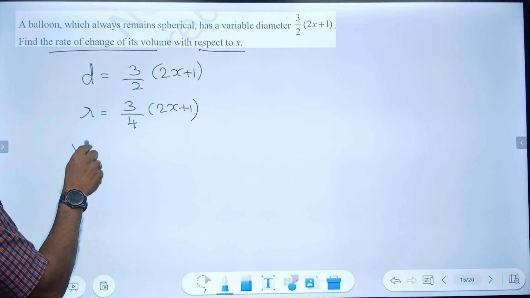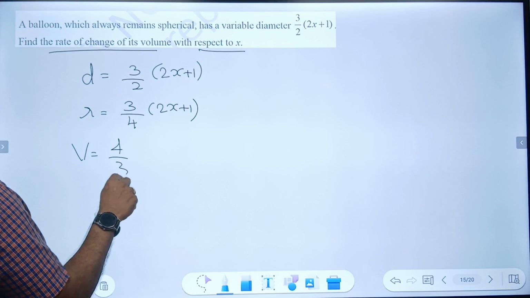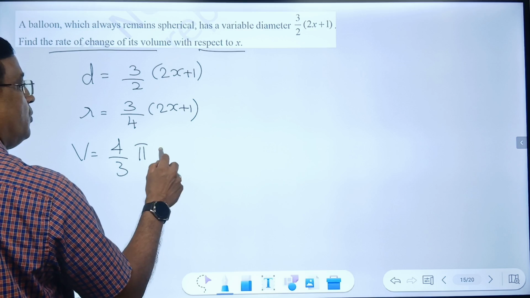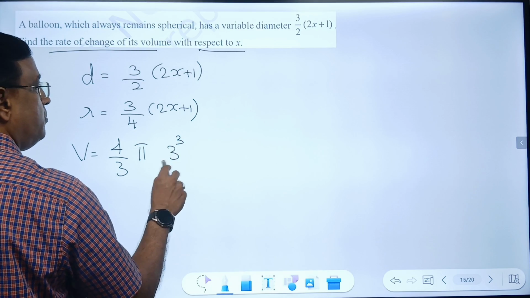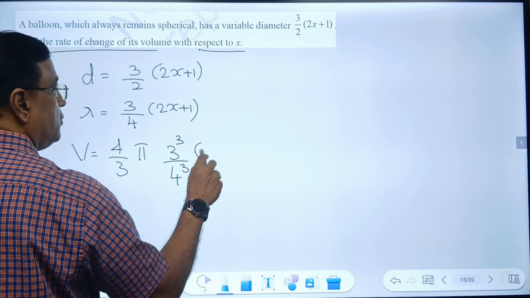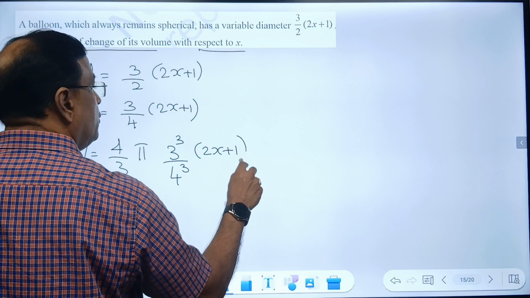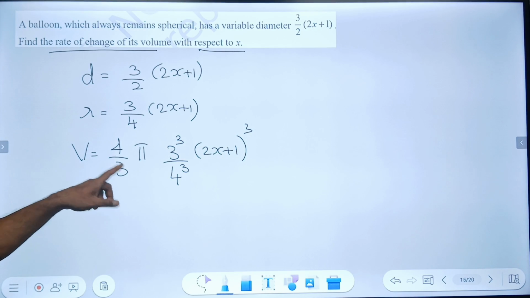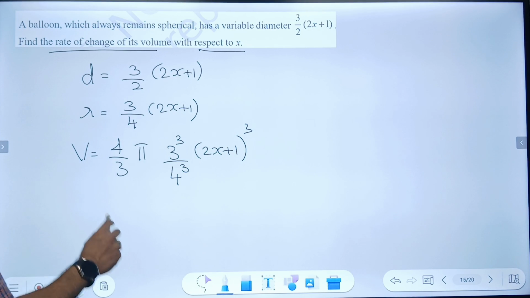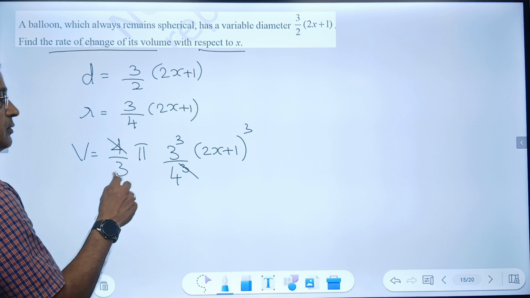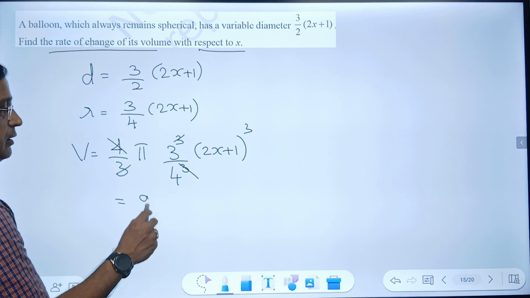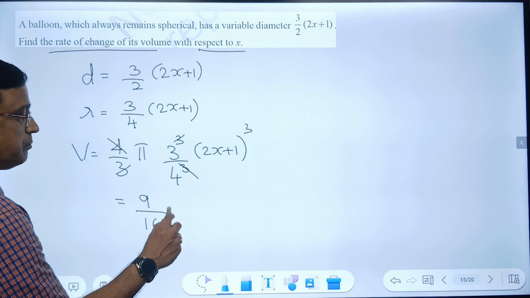So what is volume? 4 by 3 pi r cube. What is r cube? 3 cube by 4 cube into 2x plus 1 the whole cube, right? 4 by 3 pi r cube. So this will be 4 gets cancelled, 3 gets cancelled, I get 9 by 16 pi.